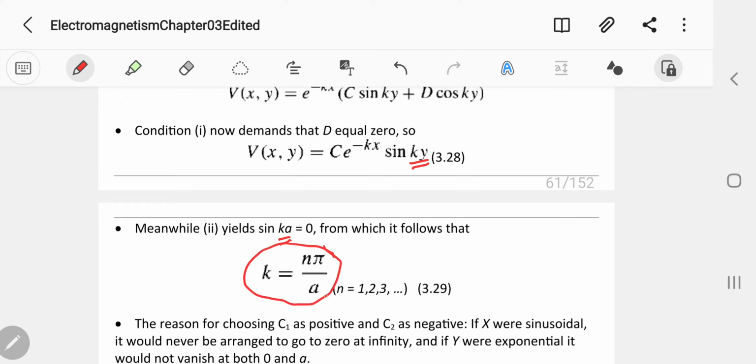Your ka is equal to an integer times pi, and so your k would have to be n pi over a, where n goes from 1 to 3 and so on.